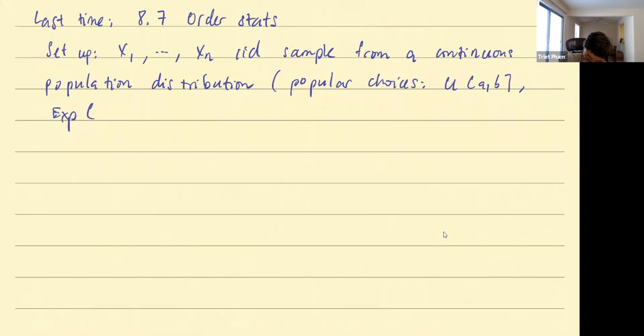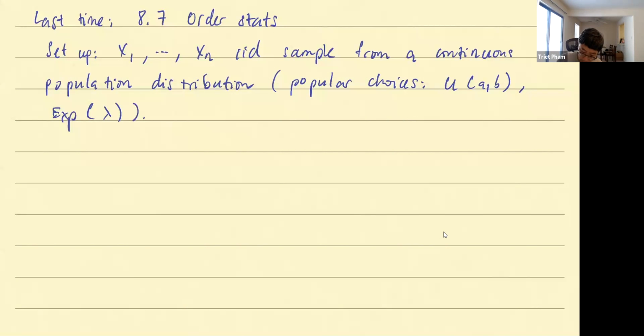These are the so-called toy examples, because they are very easy to deal with, or at least they're easy to plug in. But the more complicated examples would be something like gamma or beta, but the densities there are a little bit harder to manipulate.